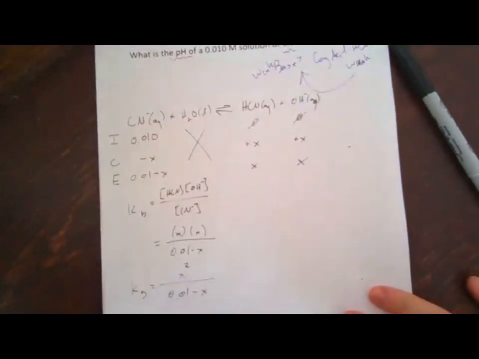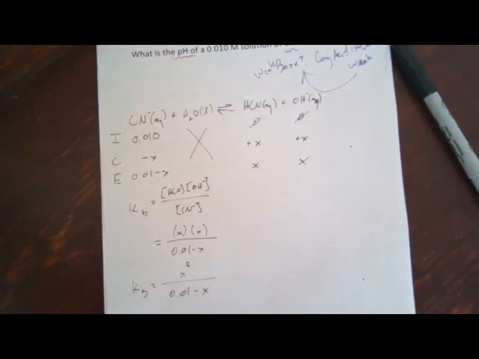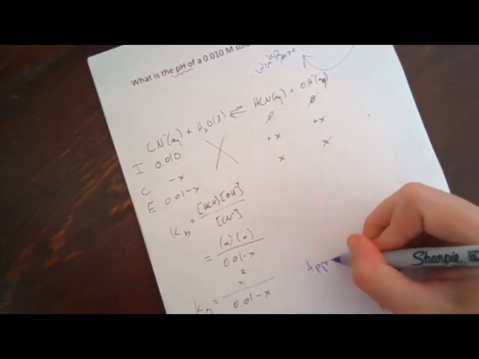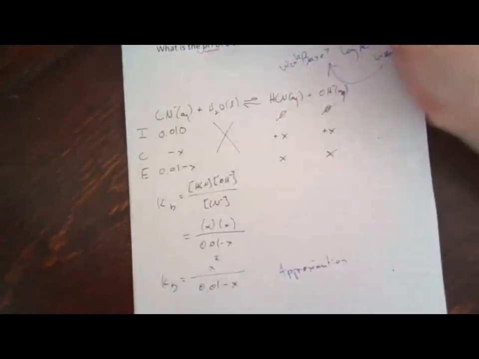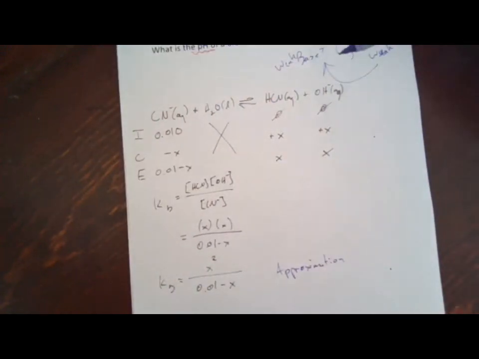And so we can see solving it is going to look very similar. Just like we did with a weak acid, with a weak base we expect that the equilibrium constant is going to be low, so we can probably make an approximation. One of the things we will note, though, is we're not given Kb, so we assume Kb is low.